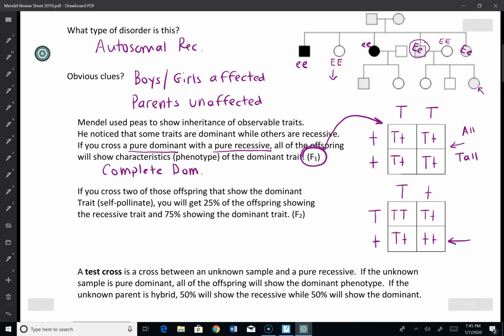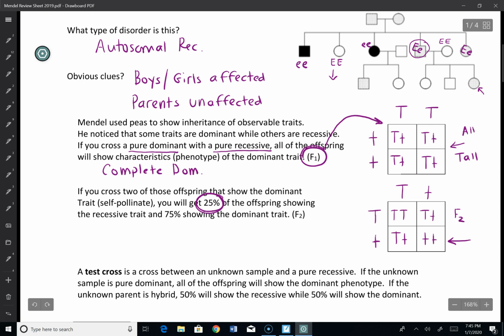So the recessive trait shows up 25% of the time. So in the F2 generation, which is what that box represents, that is a 3-to-1 phenotypic ratio or a 1:2:1 genotypic ratio. Either way, the recessive showed up.